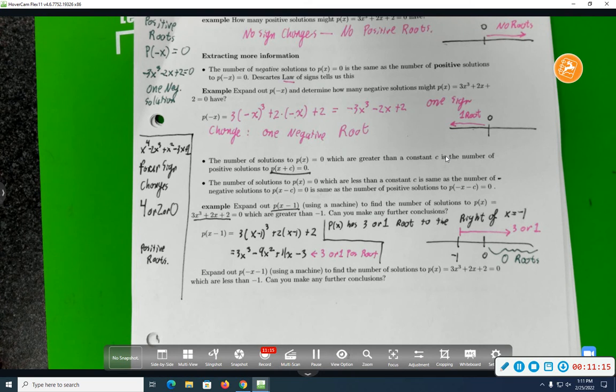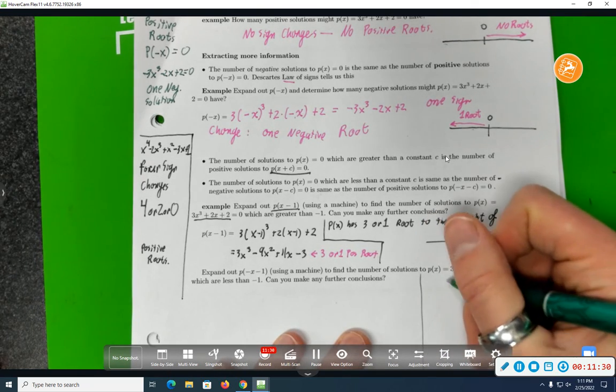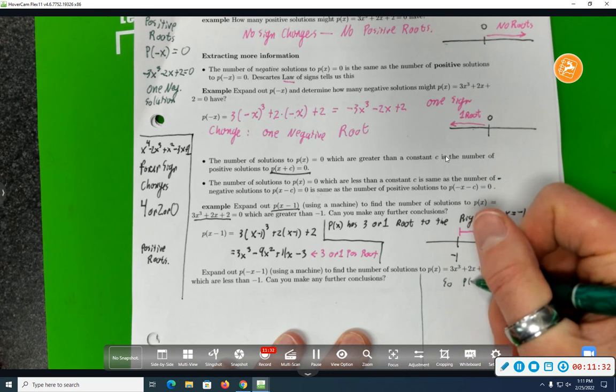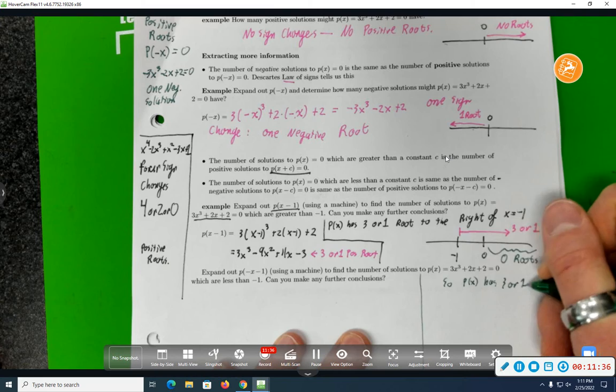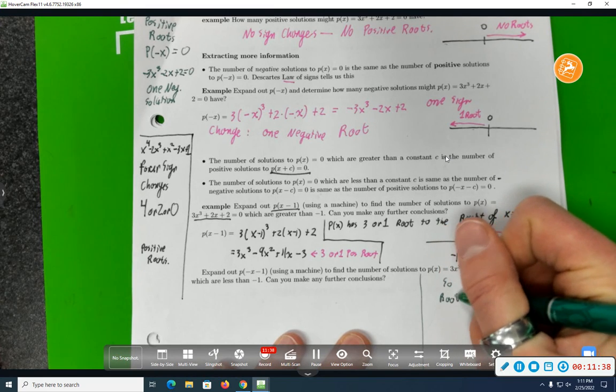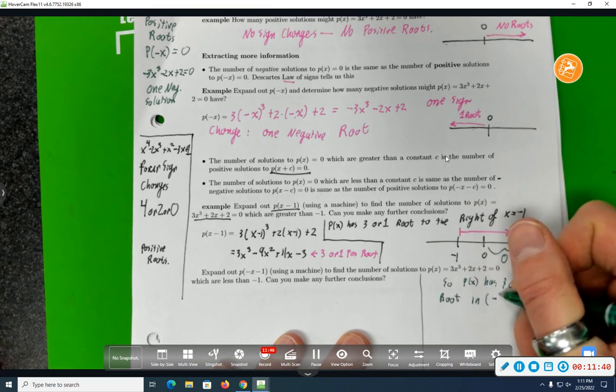So that means that this polynomial doesn't have any roots to the right of 0. So that 3 or 1 root has to be somewhere between -1 and 1. So p of x has 3 or 1 root in -1, 0.